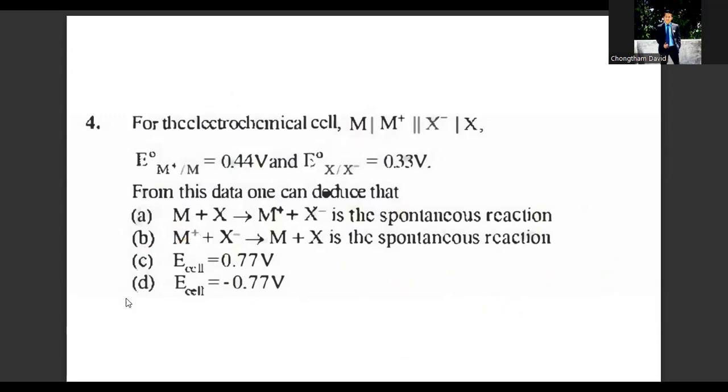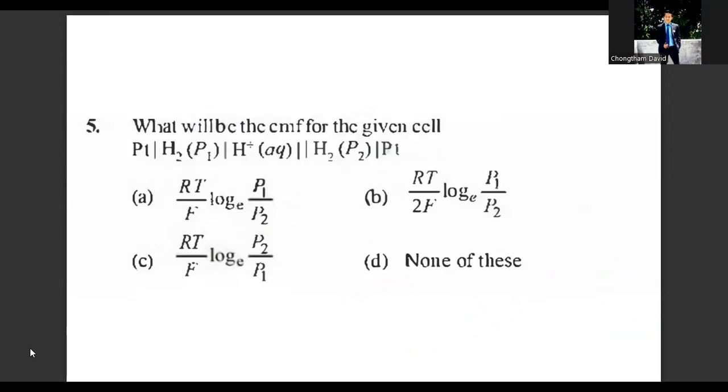Let us move on to the next question. Question number 5. What will be the EMF for the given cell? You're using a standard hydrogen electrode with platinum, in terms of pressure. Same concept, but we already know that hydrogen has a standard cell potential of 0 volts. So this is your anode, and here on the left hand side it is your cathode, where reduction takes place.